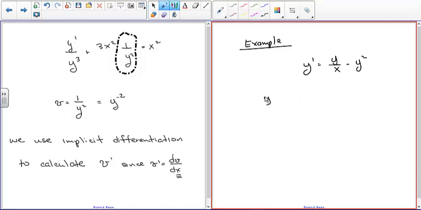So you get y prime minus 1 over x times y is equal to negative y squared. All I've done is move that to the left-hand side. Okay, divide by y squared, because that's the nonlinear term over here. So I'll get y prime divided by y squared minus 1 over x times y divided by y squared is equal to negative 1.